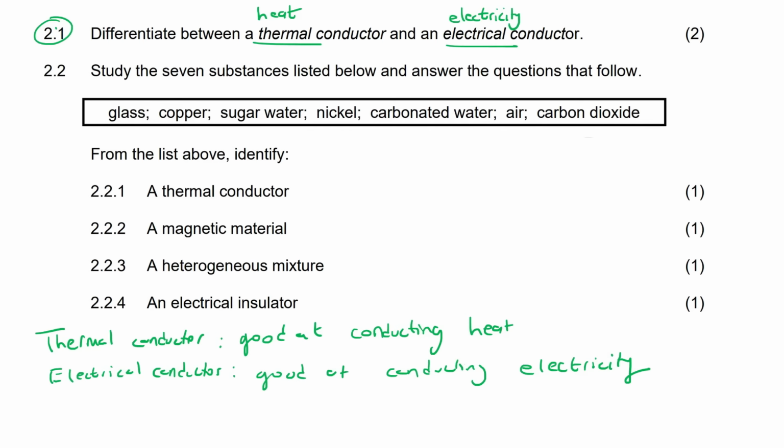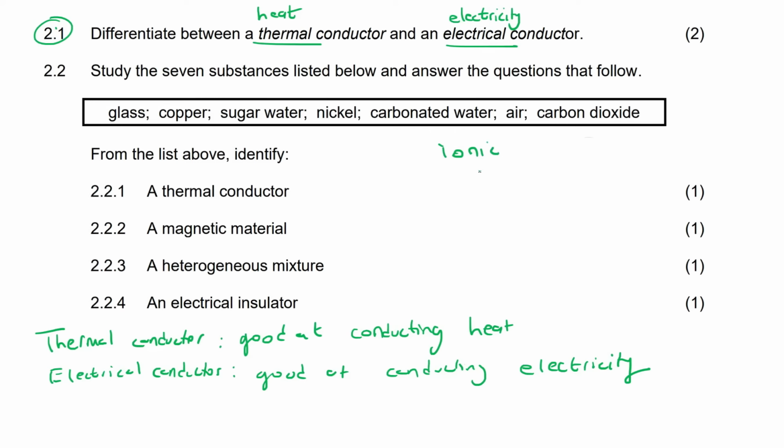Okay, now from the list above, it says here, study the 7 substances below. So we've got glass, copper, sugar water, nickel, carbonated water, air, and carbon dioxide. From the list above, identify a thermal conductor. Now, what we need to understand is that we've got three different types of material.